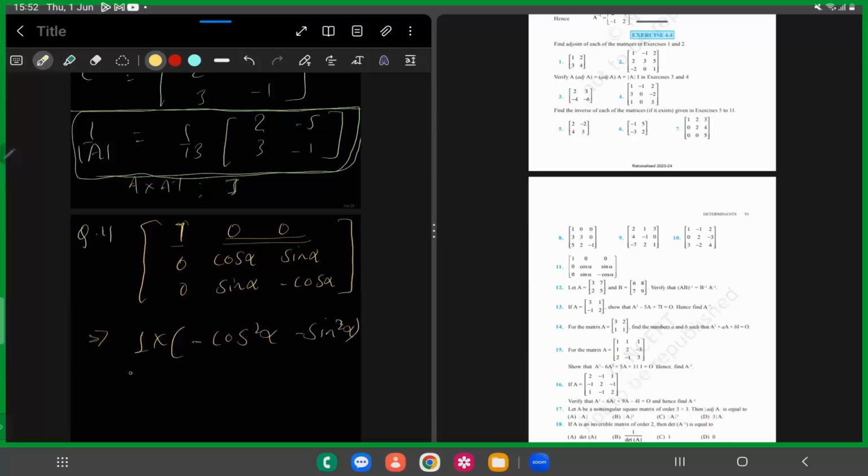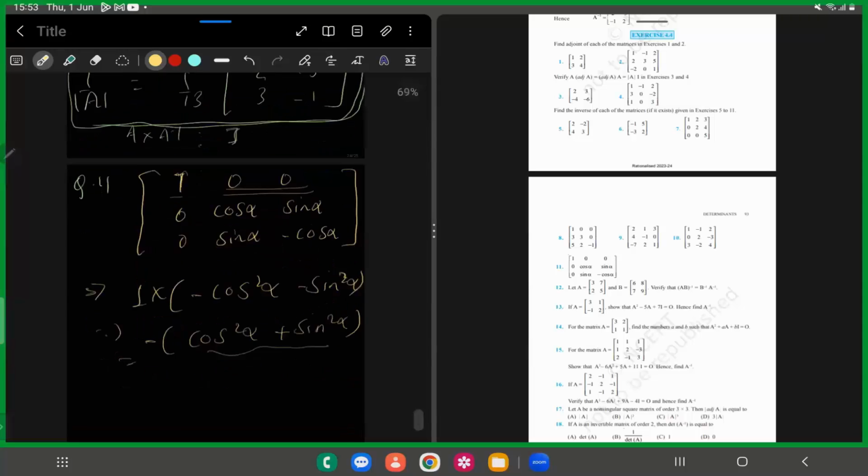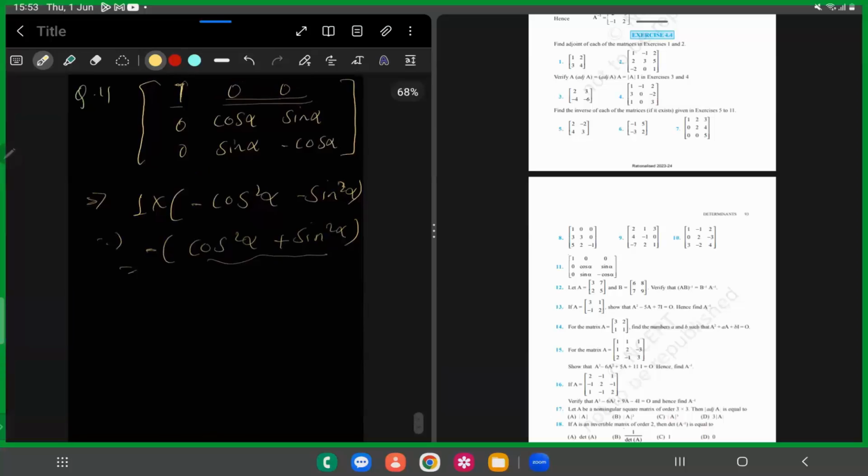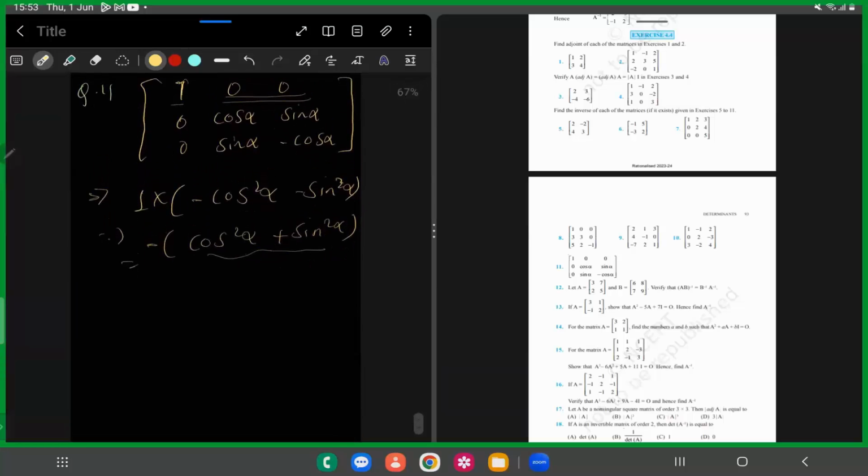If we take minus common, this is cos square alpha plus sin square alpha, and you know this value is always equal to 1 from the trigonometric identities. So this would finally be minus 1. So this should be the determinant of A, and since it is a non-zero value, we can say that the inverse can exist.